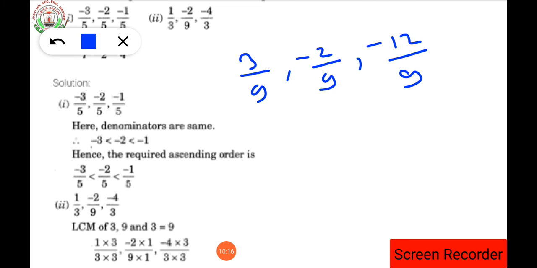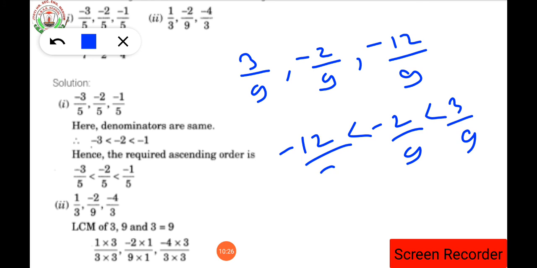So this number we got. Now which number is the smallest number among these? Minus 12 is smaller than minus 2, which is smaller than 3. So this is the ascending order of the numbers.